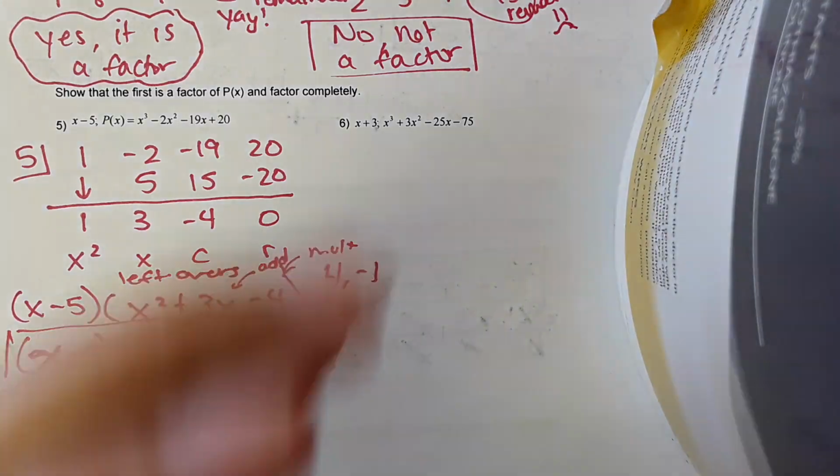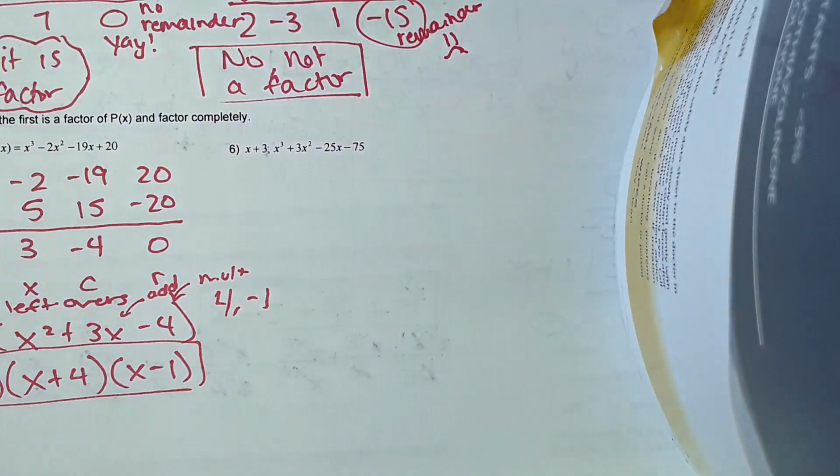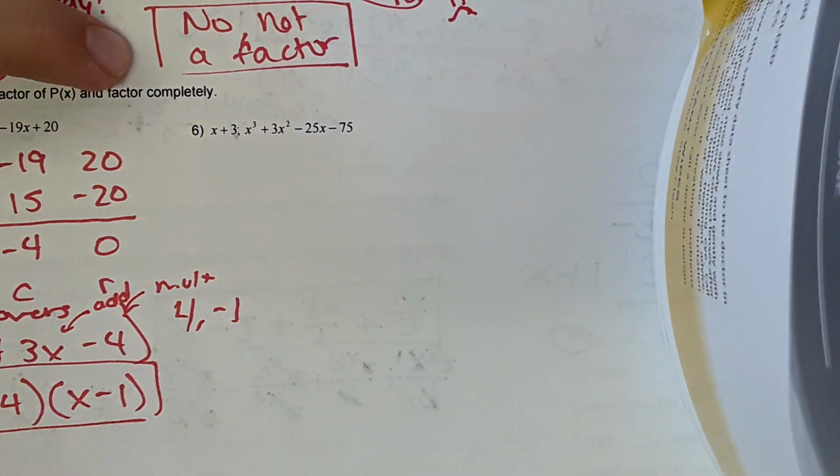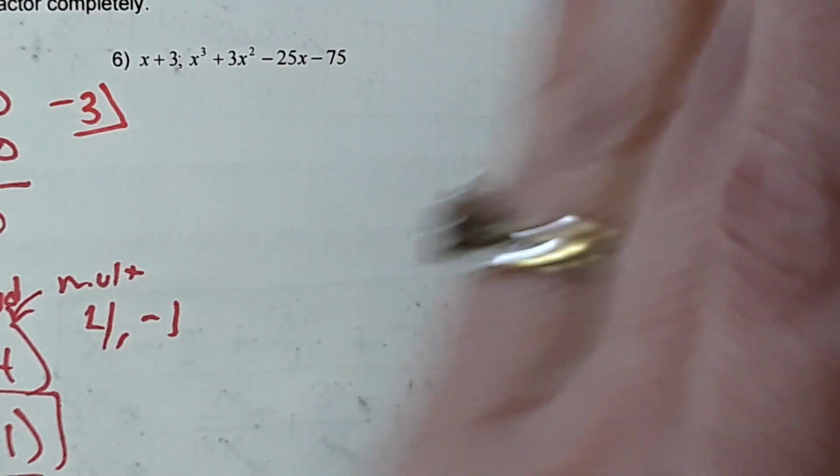Okay, number 6. Same thing here. We're going to factor out the x plus 3 and then determine the other two factors. So we'll put a negative 3 in the box, and then list out the coefficients.